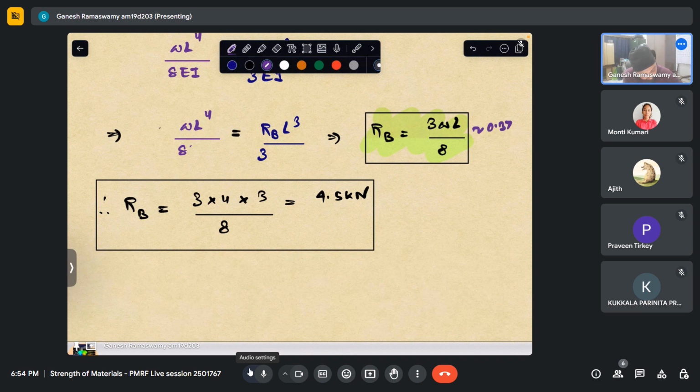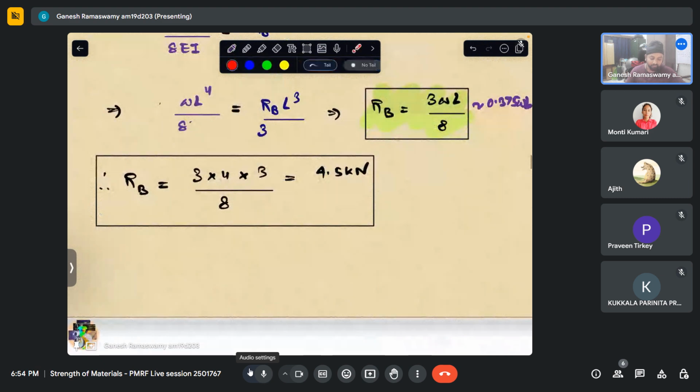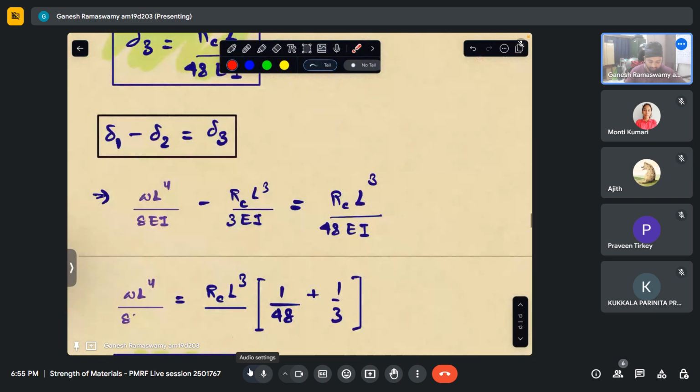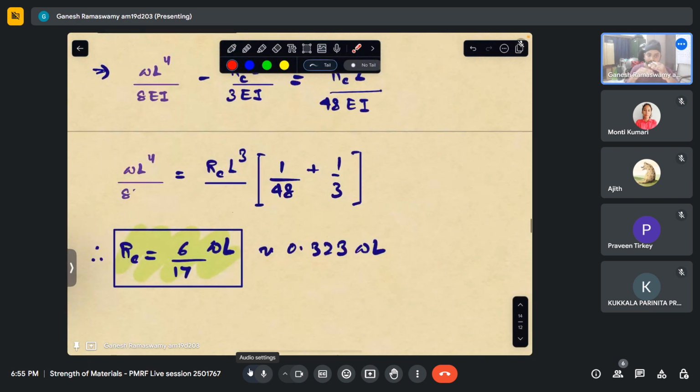So what do we see from here? When the floor is absolutely rigid, it offers a higher reaction, whereas when some deflection is allowed, when it is placed over a beam in this particular configuration, it comes to 0.323. So these are certain aspects that we can appreciate from viewing the problem.